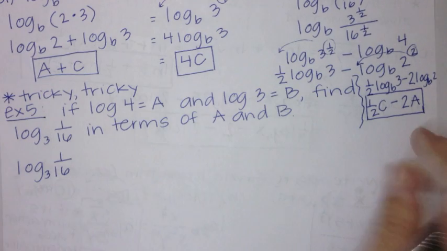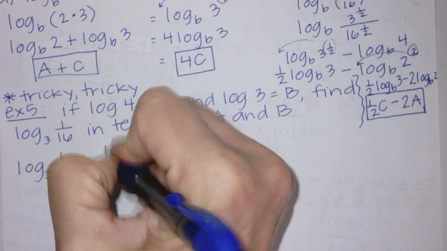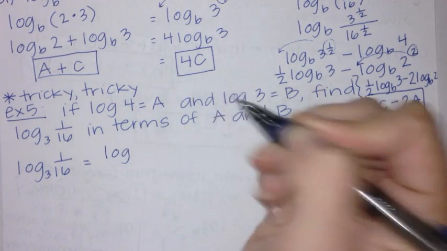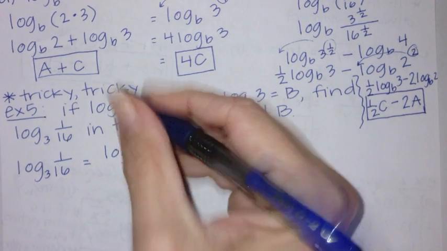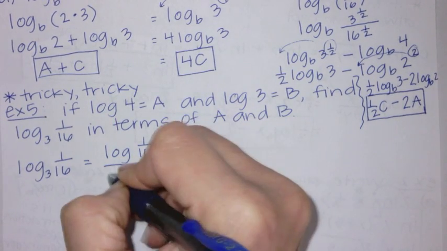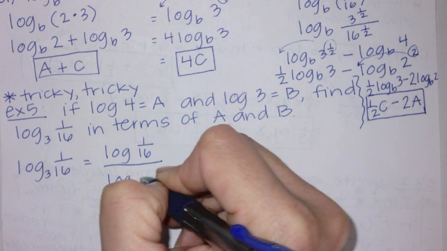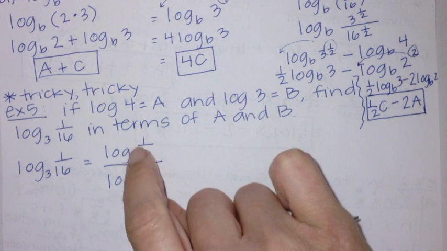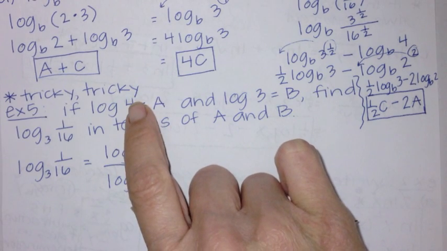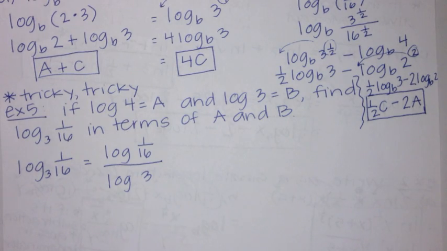So we are going to start by using the change of base formula. So log base 10 of 1/16, because that's the argument, over log base 10 of 3, and you can see we already have B, right? So we just need to manipulate this to be able to write it in terms of log base 4.